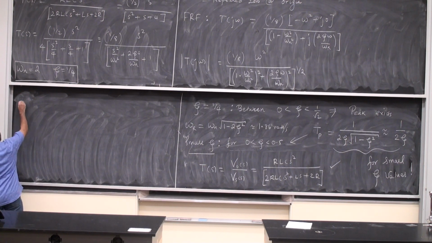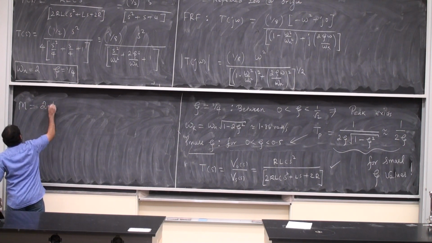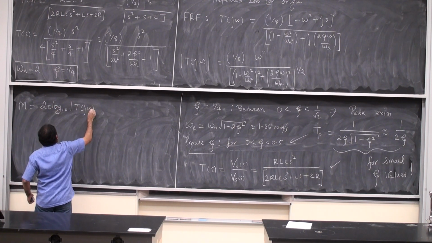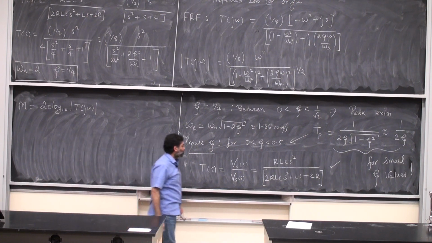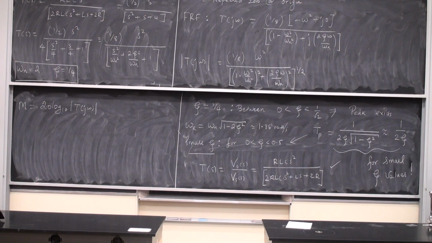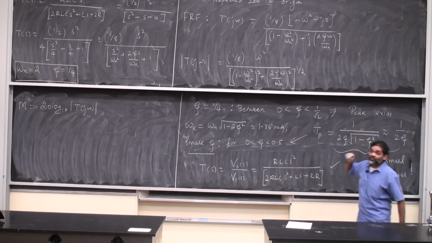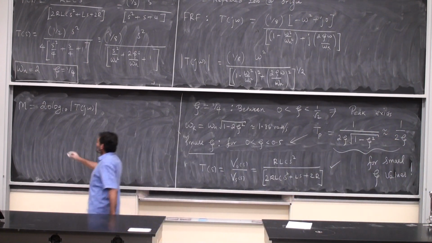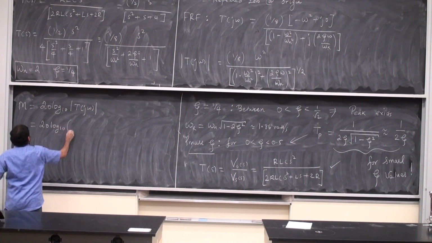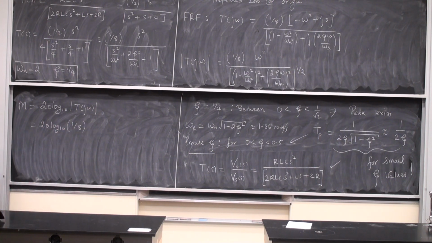So M is 20 log 10 of the magnitude of T of j omega. With your permission, can I take some shortcuts? I'm just going to rewrite it. If I split this into 3 parts, it's 20 log 10 of 1 by 8, the first piece.